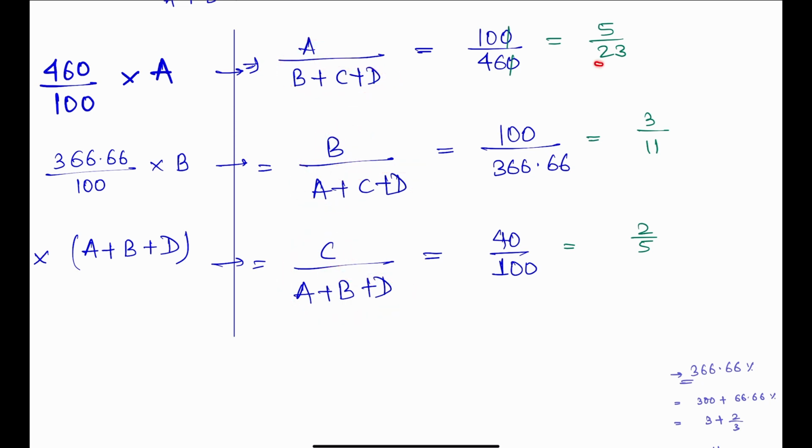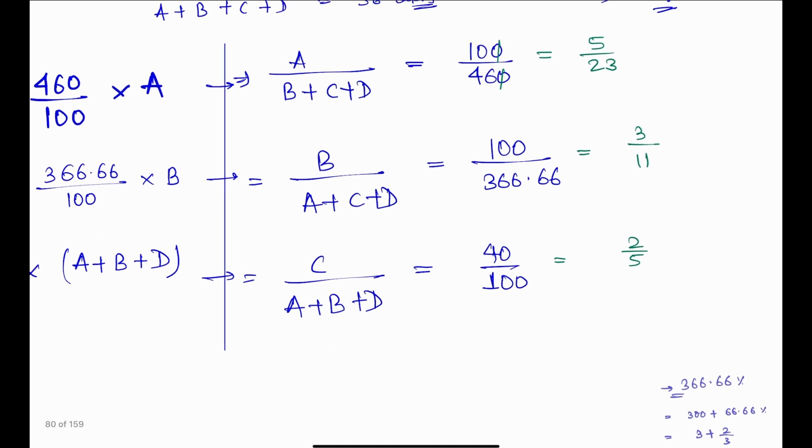So is there anything we do in this ratio to make this sum of numerator and denominator equal? Is there anything we can do?